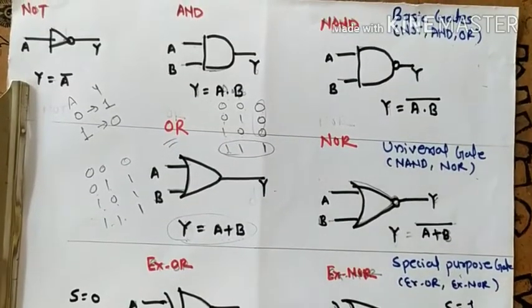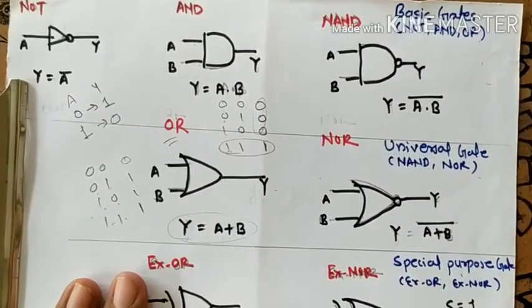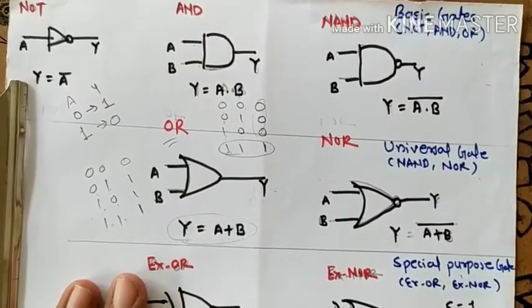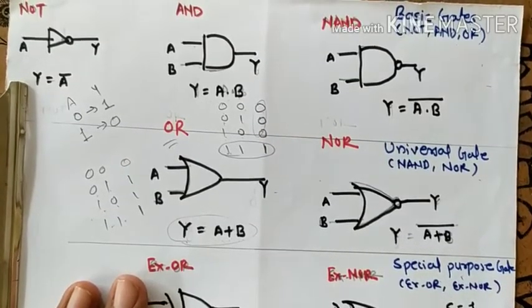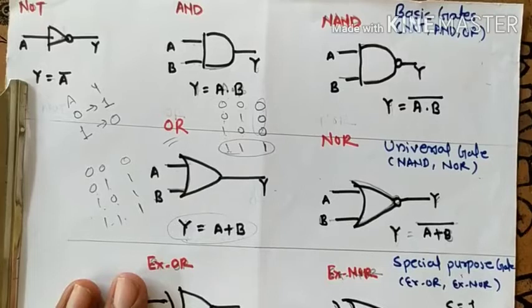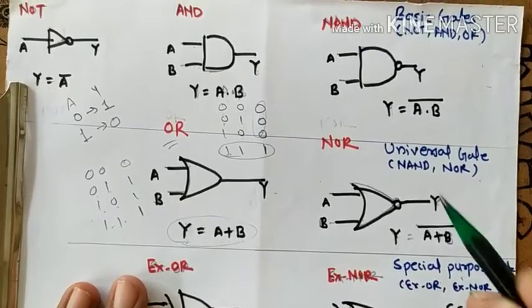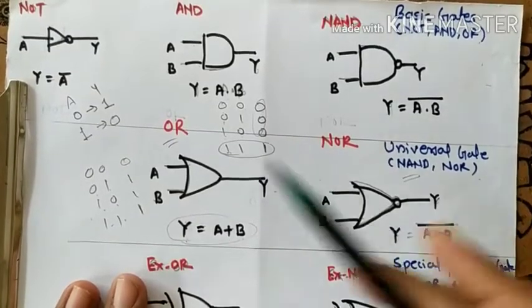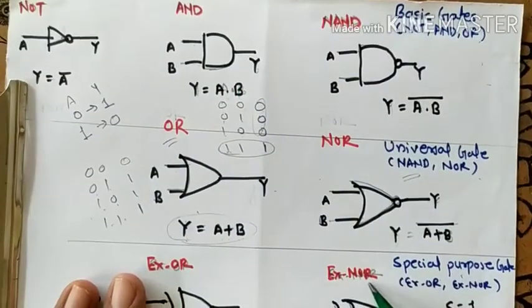So next is the universal gate. What does universal gate mean? It is a gate with the help of which you can implement any other type of gate. I repeat, what is meant by universal gate? A gate with the help of which you can implement any other gate. It means that with the help of the NAND gate you can make the NOT gate, AND gate and OR gate, or maybe XOR or XNOR gate.